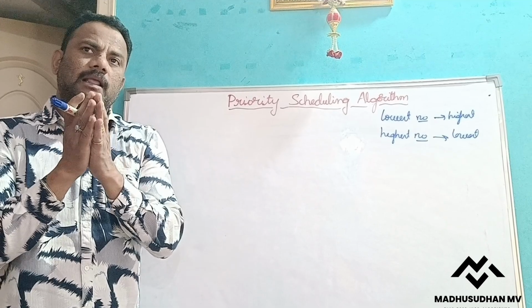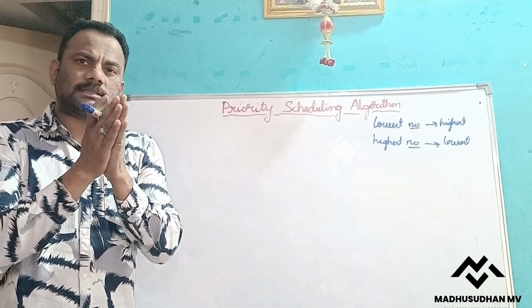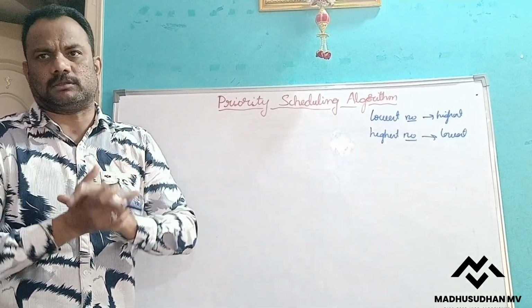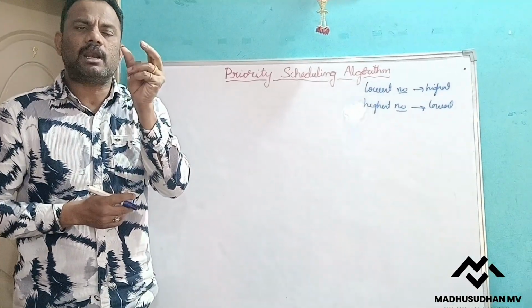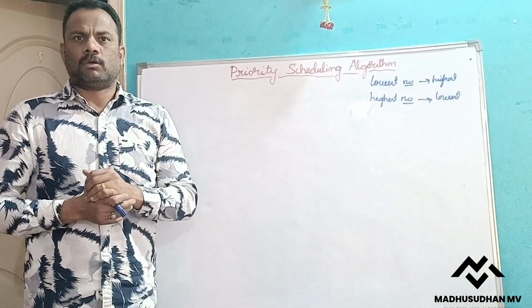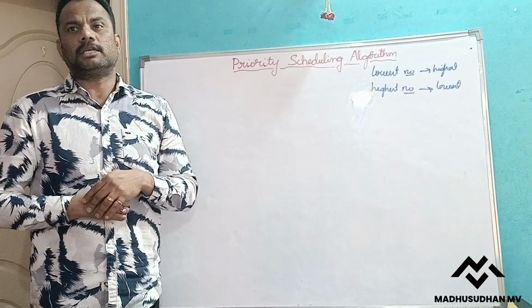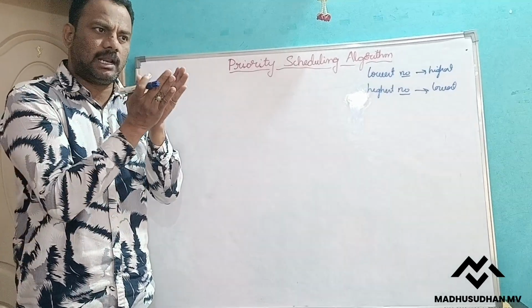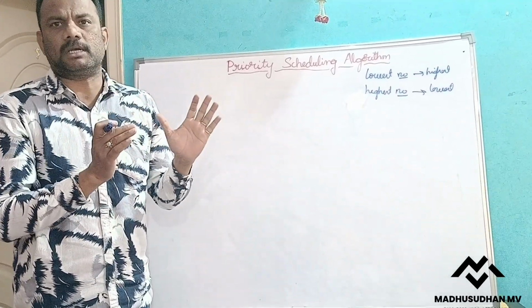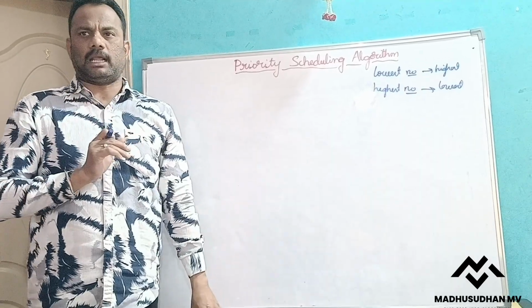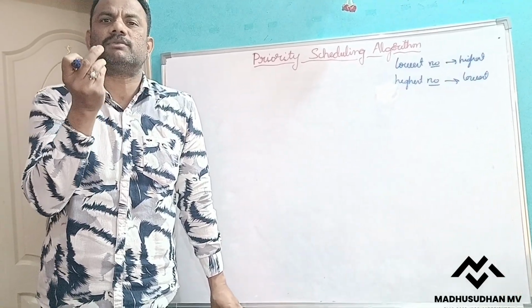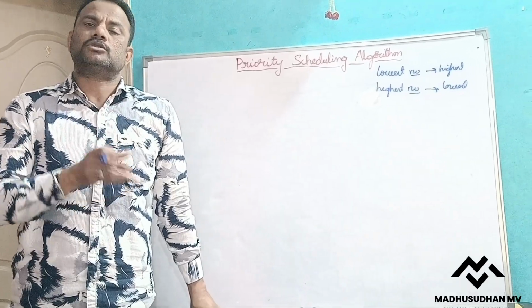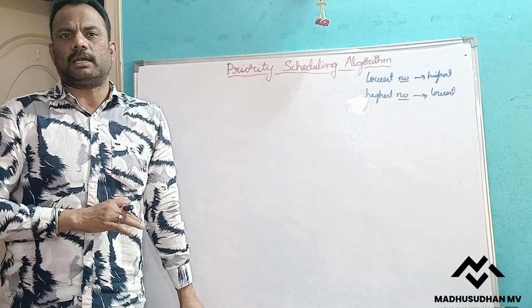The operating system will always assign the priority on a fair basis. Whichever process requires very few resources may get the highest priority, because it needs very few resources, so it can complete its task easily. That is one criterion. The second criterion: whichever process requires very little CPU burst time may get the highest priority.